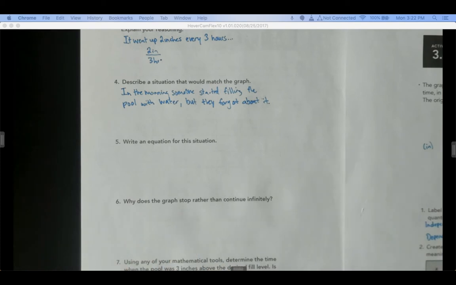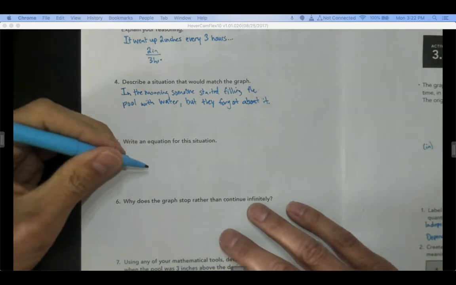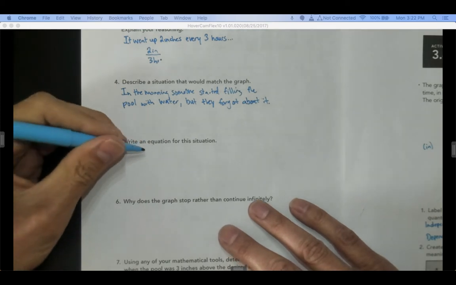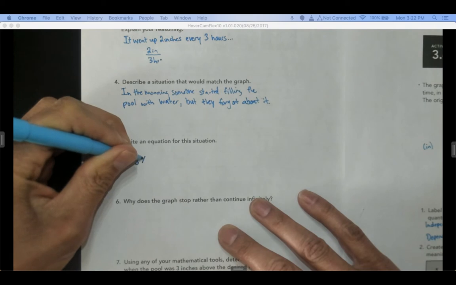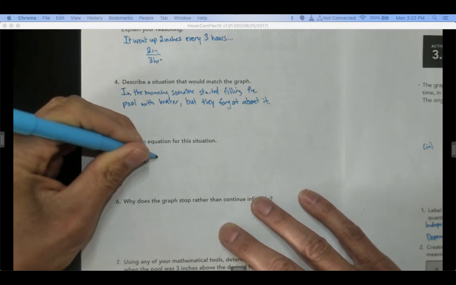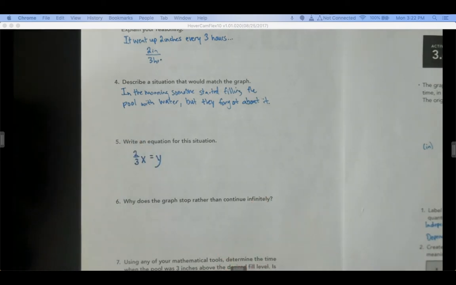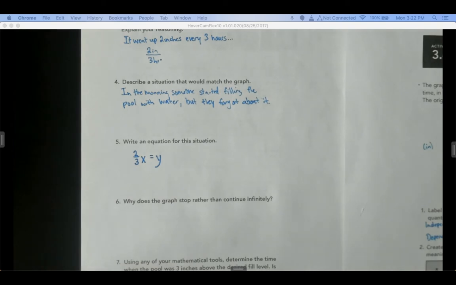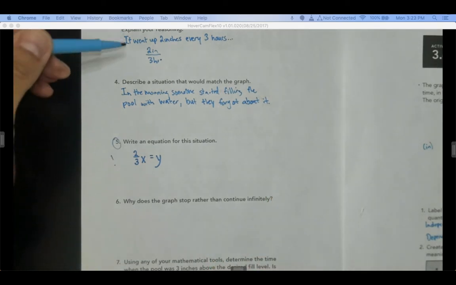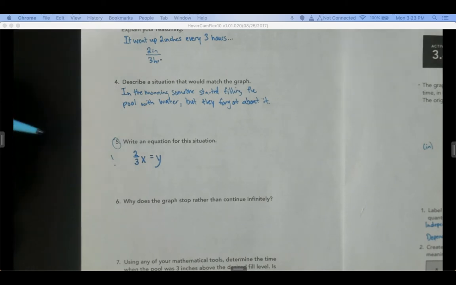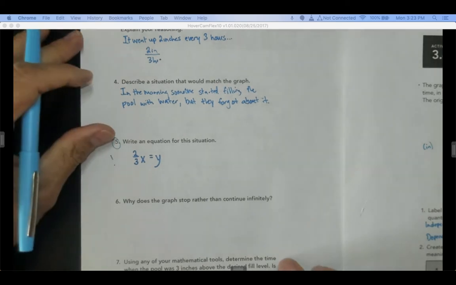The next one is write an equation for this situation, and that's really tough. But if I was to think about this, if I took 2/3 of an inch times however many hours the water was on, that would equal how much total water has been put into the pool. And this is a super tough thing to do, okay? But I can take a graph, and this is a linear graph. That means it's a straight line. And I can make it into an equation to solve any problem, okay?